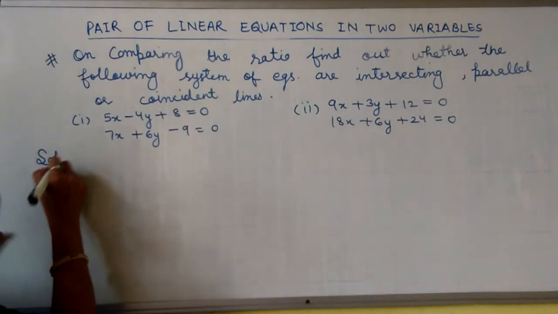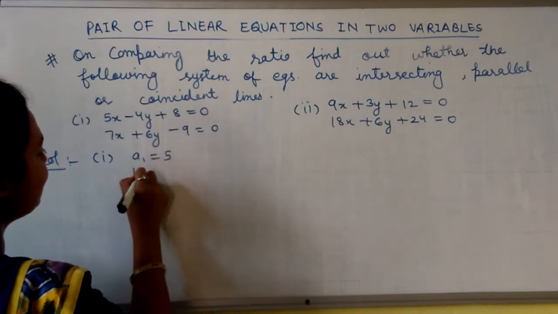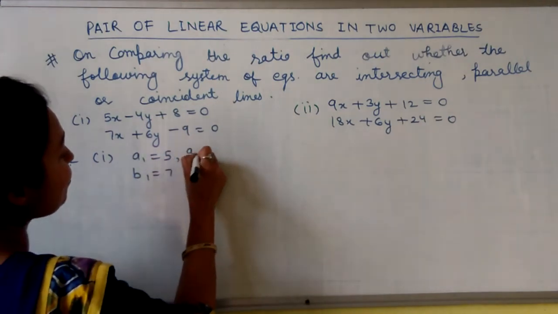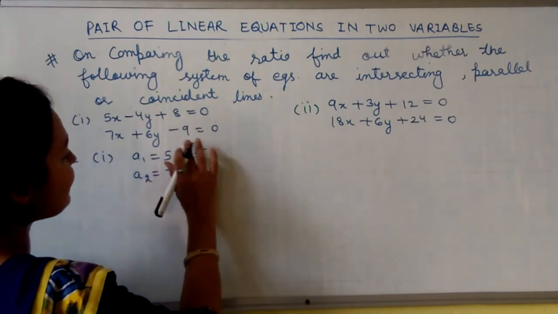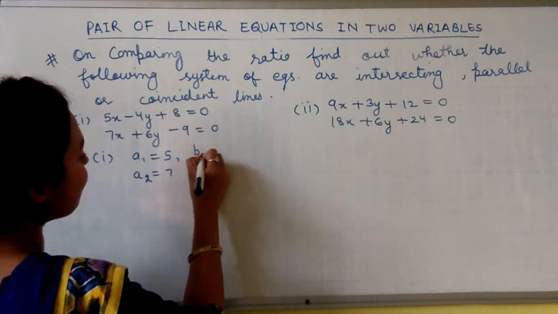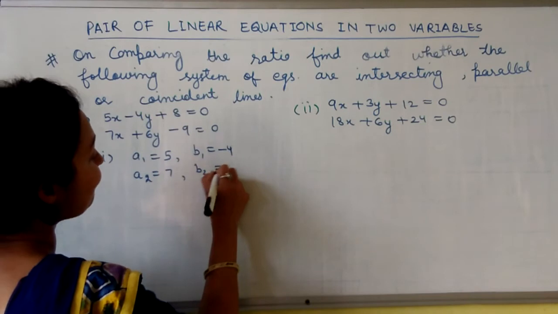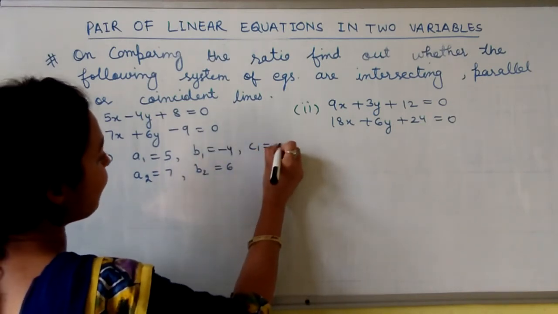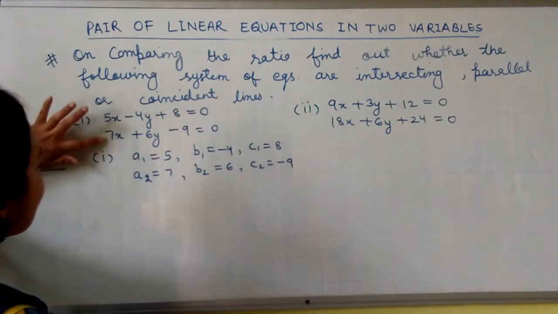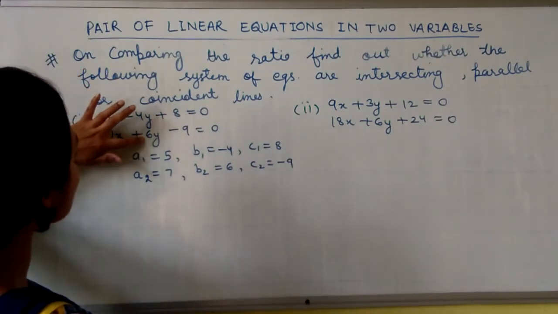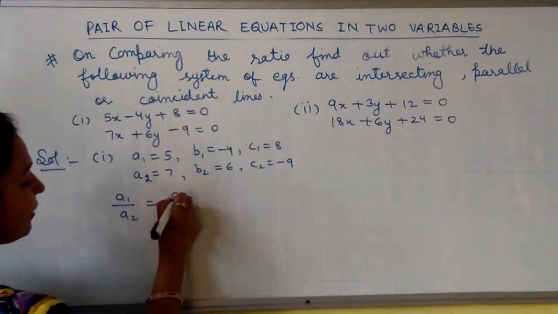First I start the solution of the first part. A1 is given as 5, A2 is 7. B1 is minus 4 and B2 is 6. C1 is 8 and C2 is minus 9. I will check A1 upon A2, that is 5 by 7.